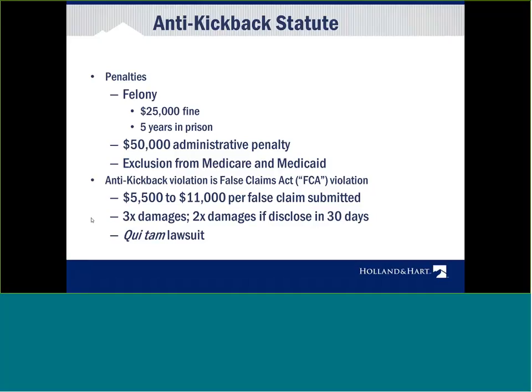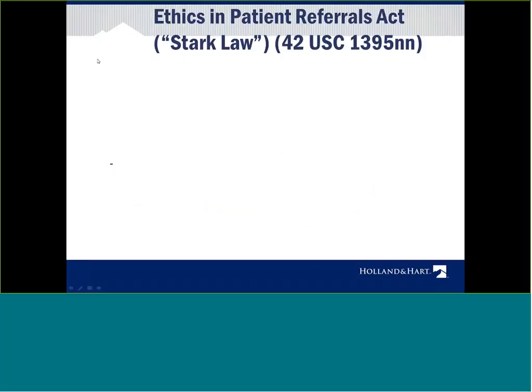So definitely want to be mindful that these actions don't always start with the government just coming and knocking on a door. Someone in an organization or who's aware of the activities of an organization can actually bring information to the government, and then a qui tam lawsuit can proceed from there if the investigation proves that it's warranted.